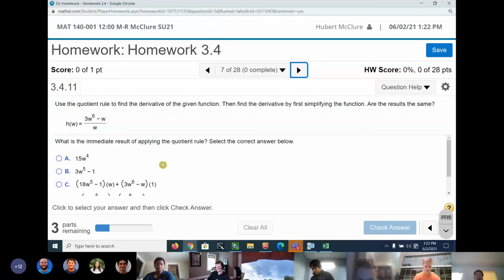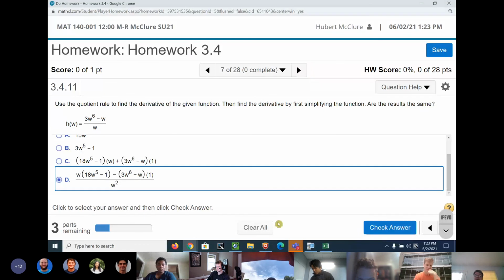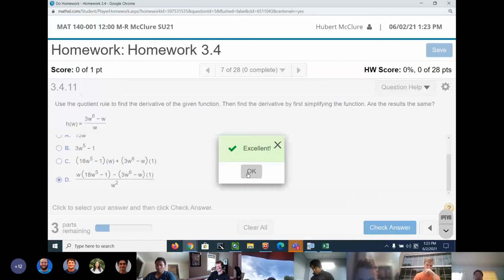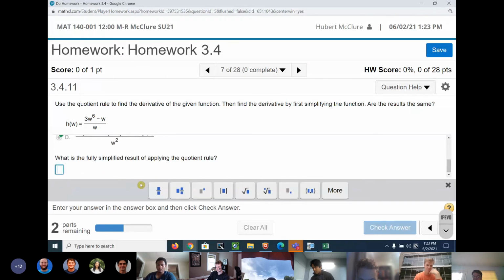Okay, I'm not going to do all that, but let's see, which one is it? Looks like this one, isn't it? I think it's that one. Check. Yes. What is the fully simplified result? 15W to the fourth.